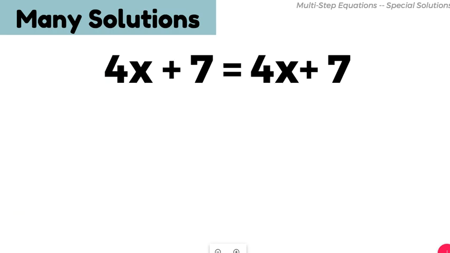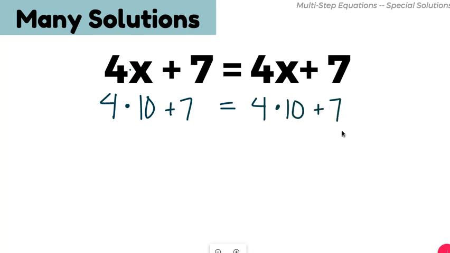Okay, let's see if you worked through this correctly. Instead of 4 times x, I'm going to say 4 times 10 plus 7 equals 4 times 10 plus 7. Then I simplify the left and simplify the right. Multiply first, so I get 40 plus 7 equals 47.